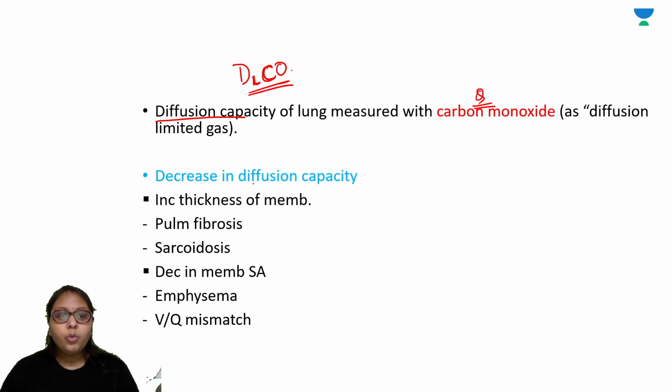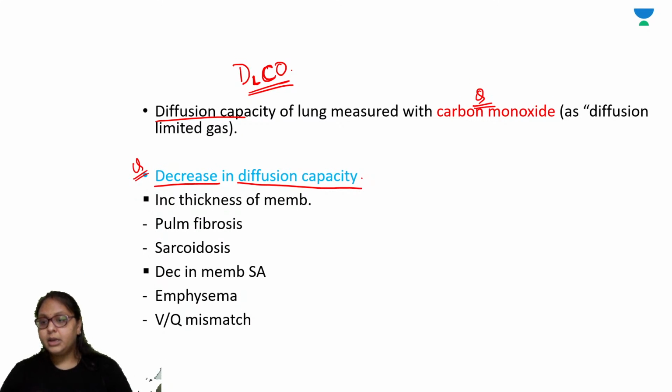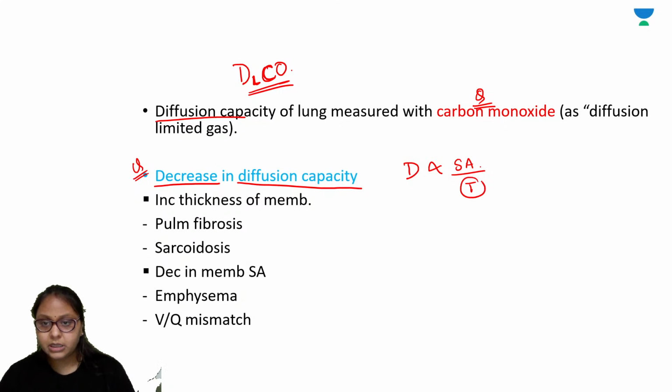Okay, so what are the factors? इस पे भी क्वेश्चन आए हुए हैं. The factors which decrease the diffusion capacity. ठीक है, तो अपन ने क्या पढ़ा था? Diffusion is directly proportional to the surface area, inversely proportional to the thickness.